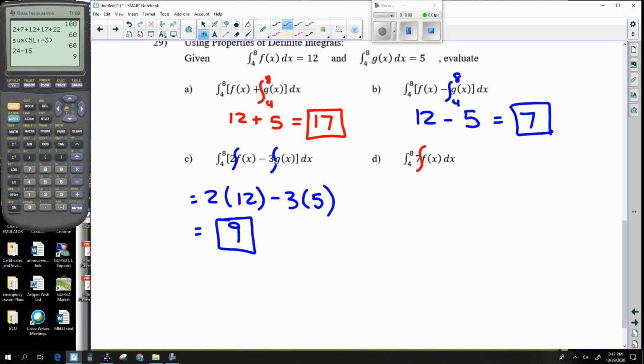Again, 4 to 8 of f. 4 to 8 of f is 7. 4 to 8 of f, 84.